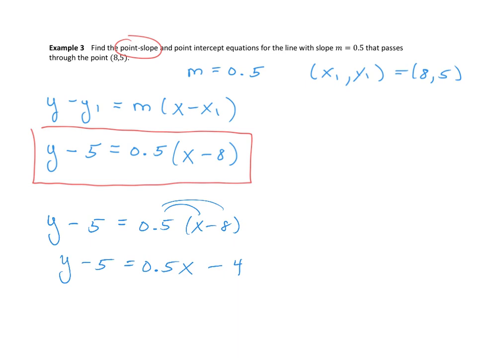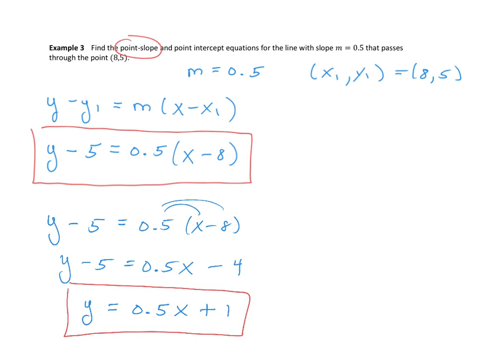The last thing to do is add 5 to both sides of the equation. And if you do, you get a plus 1. So this first one was of the form y minus y1 is equal to m times x minus x1. And this one here is in the form y is equal to mx plus b.